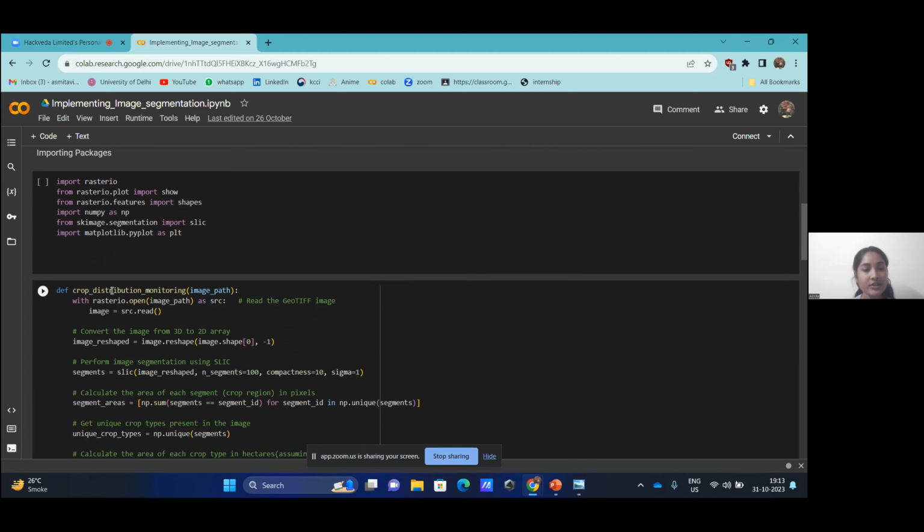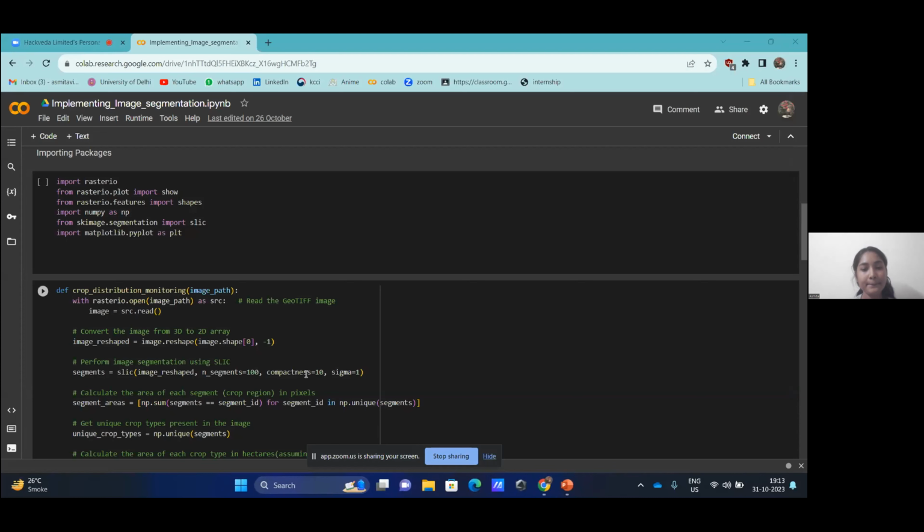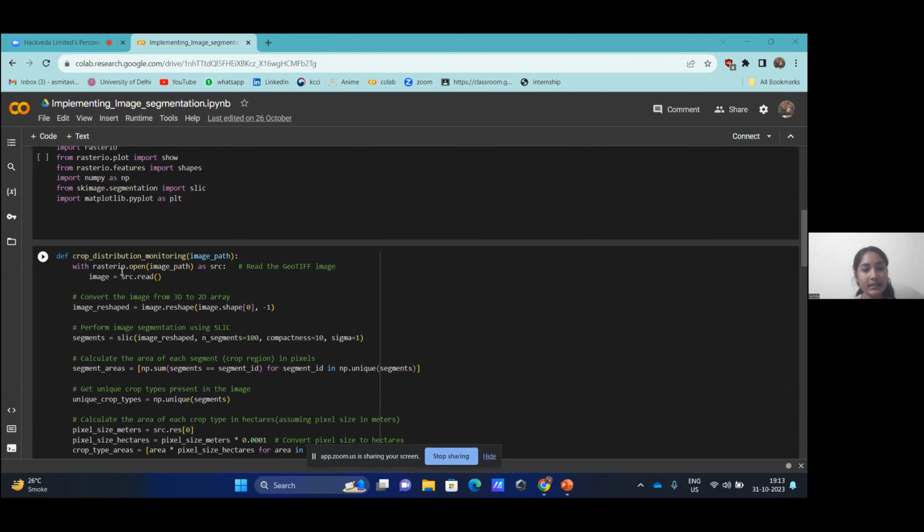Then we made a function which will have a parameter, the address of this image. This is a GeoTIFF image of Delhi, and then we read the image by using Rasterio, which we imported above.